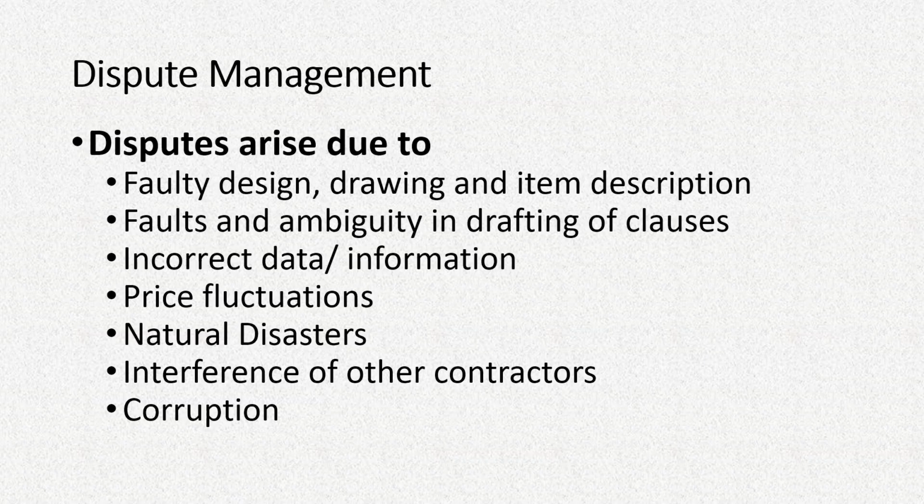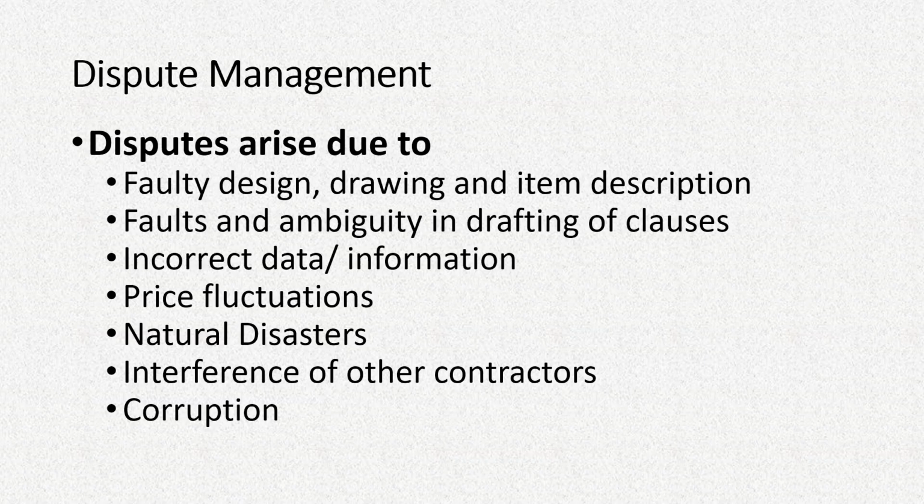Then price fluctuations, if prices fluctuate too much and we have not already taken into consideration those possibilities, then also some disputes may arise. Natural disasters, as we have seen, may also cause some dispute. Then interference of other contractors may sometimes cause hindrances in the execution of a project.